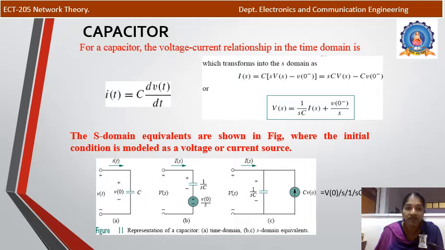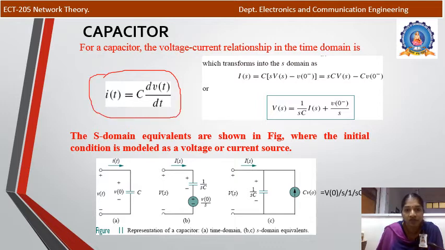Okay, next one is the capacitor. Capacitor has a current equation I of t equal to C into dV by dt, right? When we take the Laplace transform of this equation, what happens?